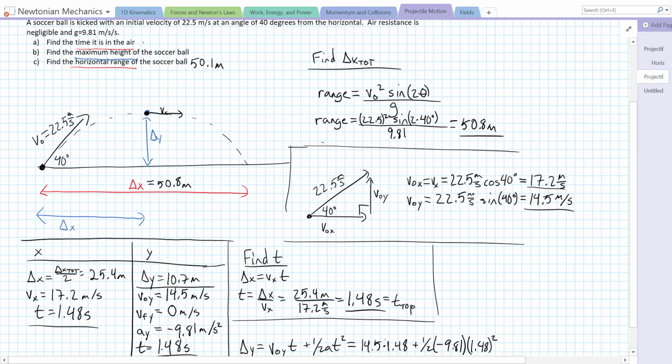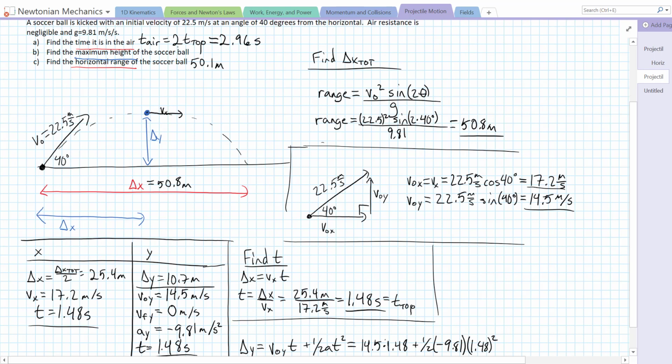Because of the symmetry, the time in the air is just equal to twice the time to get to the top. And we've already solved for that. It's just 1.48 seconds. So if we multiply 1.48 by 2, we get the total time of 2.96 seconds.